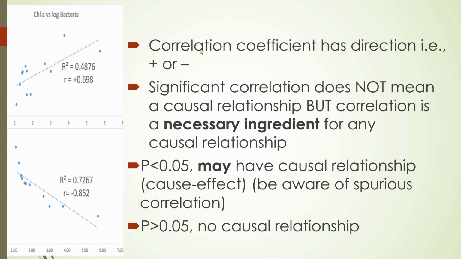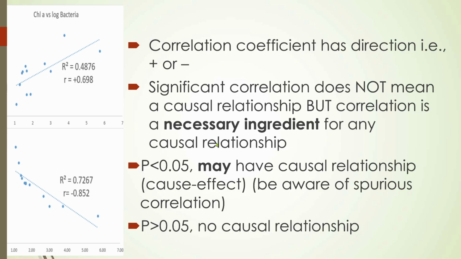Here we see that the correlation coefficient is able to show direction, whether positive or negative. If positive, that means log bacteria increases as chlorophyll A concentration increases. In contrast, if the correlation coefficient is negative, that means log bacteria decreases as chlorophyll A concentration increases.